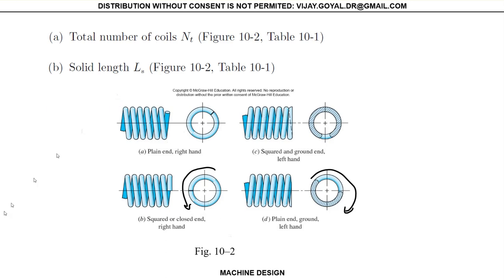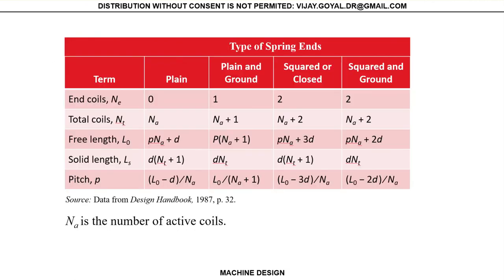So, the solid length and everything that you're looking for is going to come from your next slide. Okay, so that's going to come from this slide over here. This chart here is going to tell you, depending on the type of ending of your coil, this is the very common one, the most conservative one. So nothing is given, just design it for this.